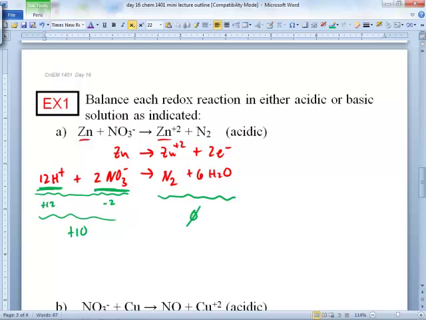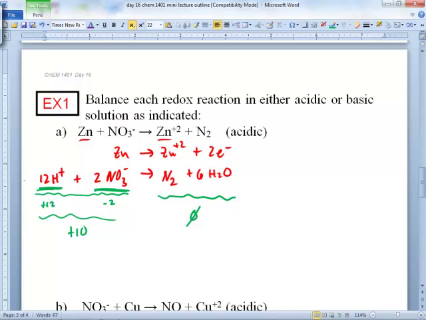So add electrons to the most positive side so that you get the charge to be the same on both. So electrons definitely to the reactant side, but how many? 10. 10 of them. Right? It's going to be a negative 10 because each electron's a negative. But you're going to add 10 e minuses.